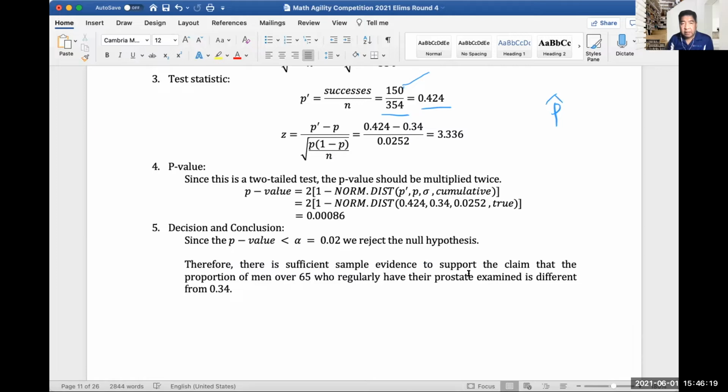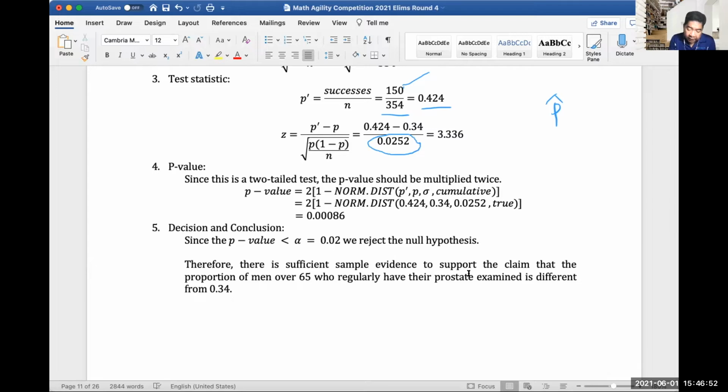The formula for the test statistic z would be p prime minus p, the difference of the sample proportion minus the population proportion, divided by the population standard deviation, or you can also recompute it here, but the denominator is already equal to 0.0252, which we have computed earlier.